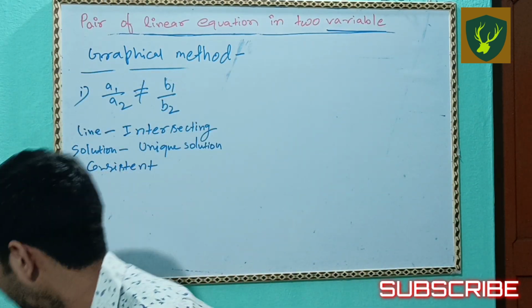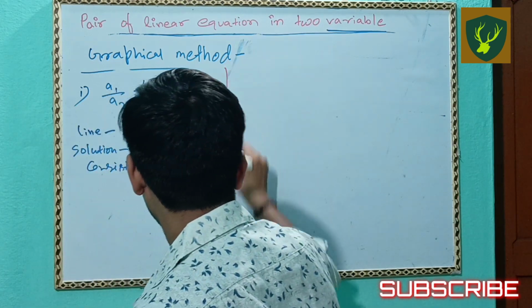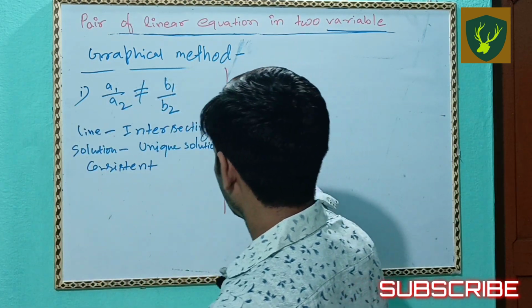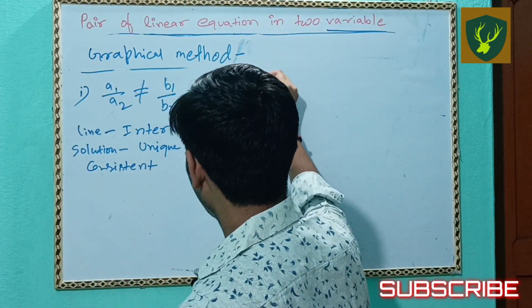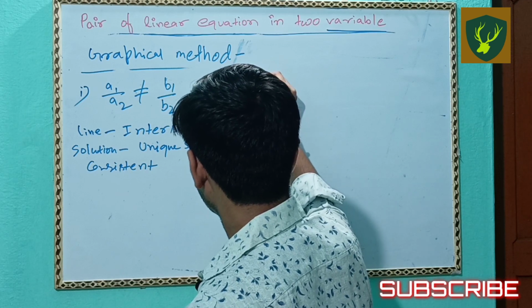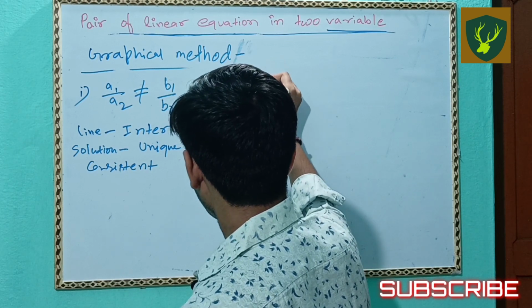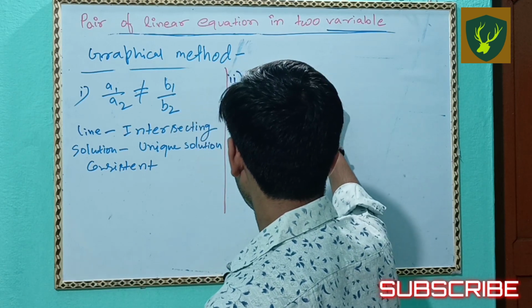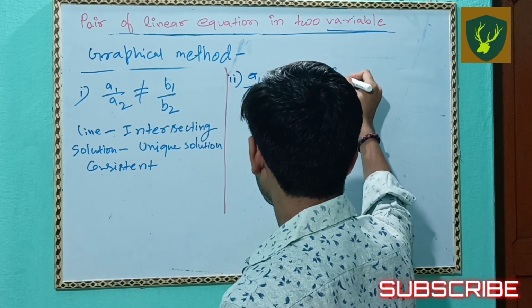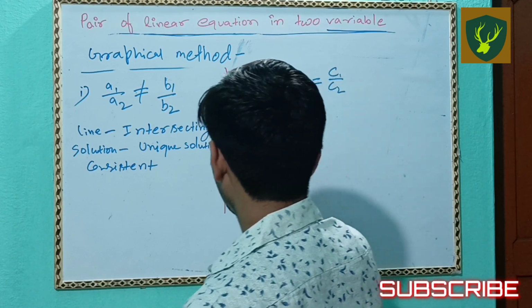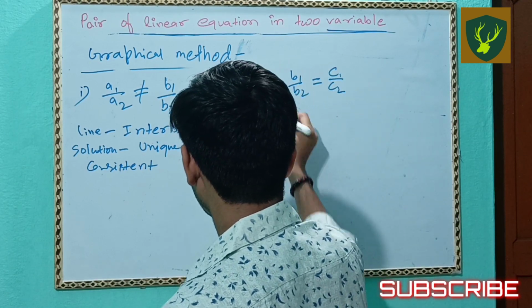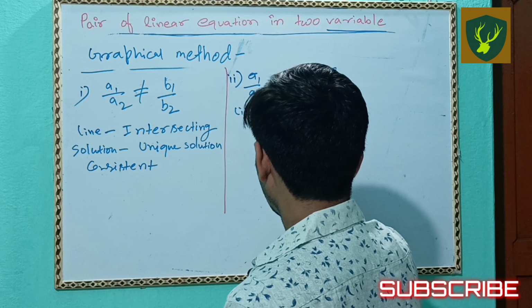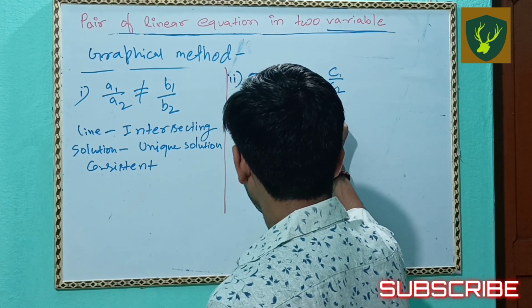Second, if ratio of a1 by a2 equal to b1 by b2 equal to c1 by c2, then the lines will be coincident.